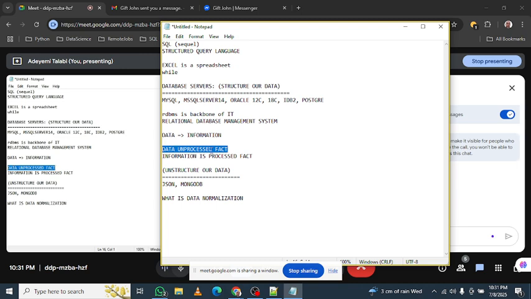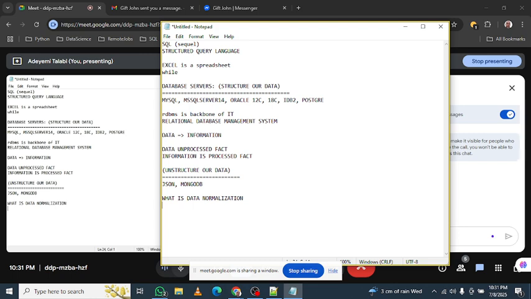For us to make sure that data becomes information, it must pass through data normalization rules. So there are rules when it comes to data normalization.